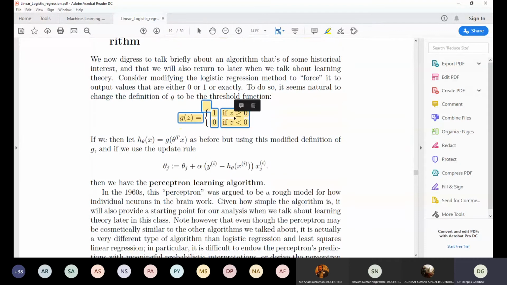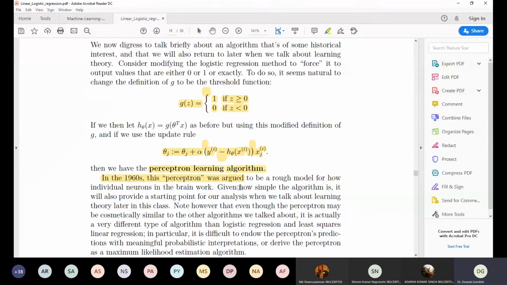In that case, the rule is the same. Theta j is theta j plus alpha times yi minus h theta into xj. That is the rule we are going to use, but with only one change.